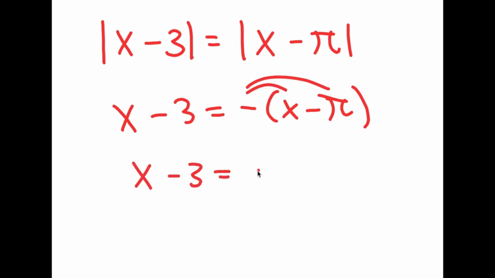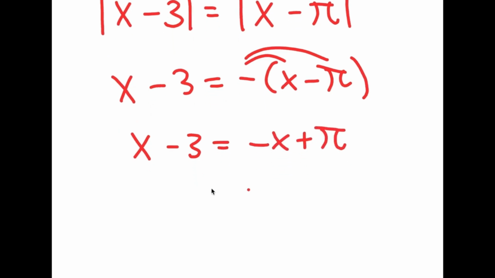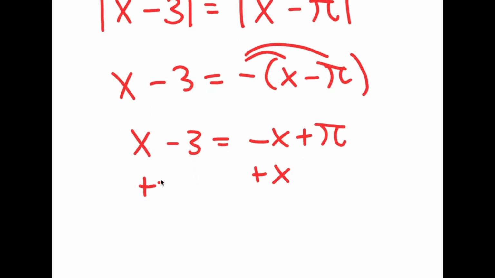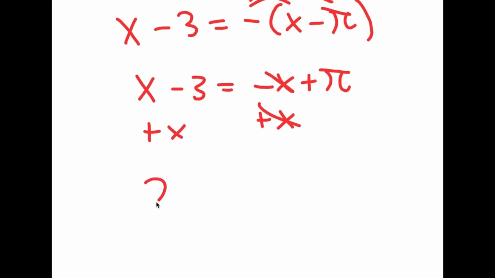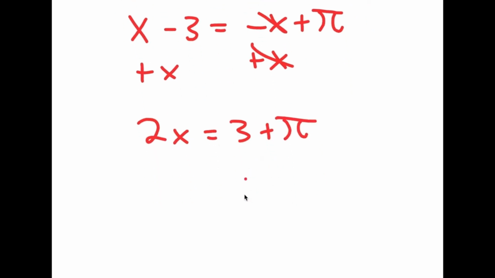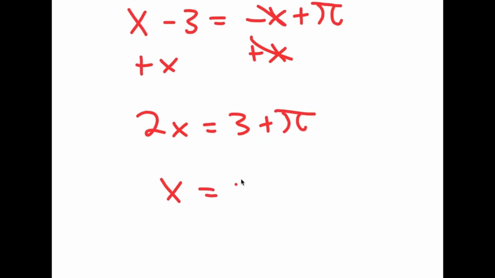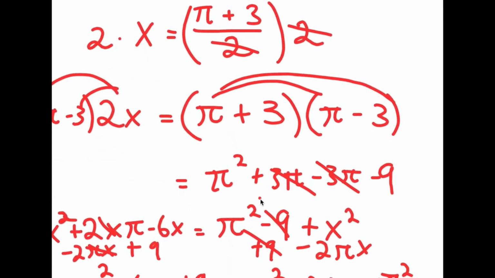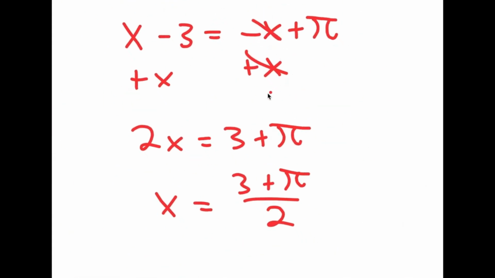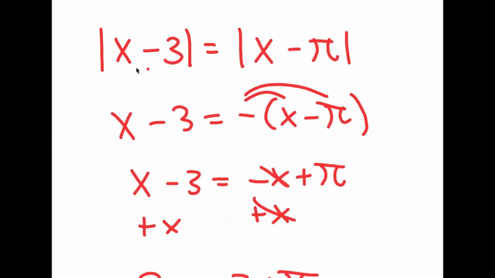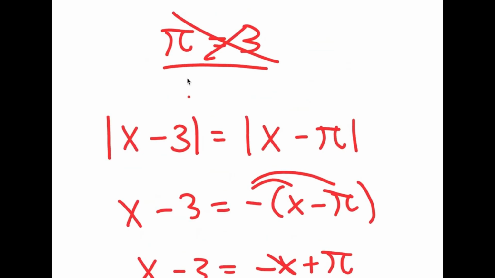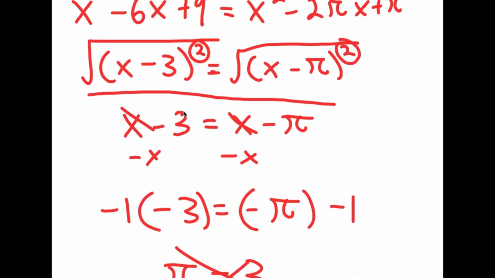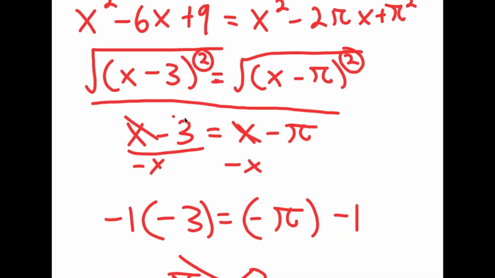So I get x minus 3 is equal to negative x plus pi. So now if I add x on both sides, these two cancel out. So I get 2x is equal to 3 plus pi, and x is equal to 3 plus pi over 2, which, going back, is what we started with. So there you have it. That is something really important to know: the square root of a square isn't just the normal version, it's the absolute value of that.